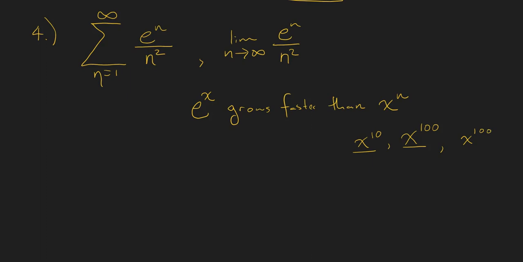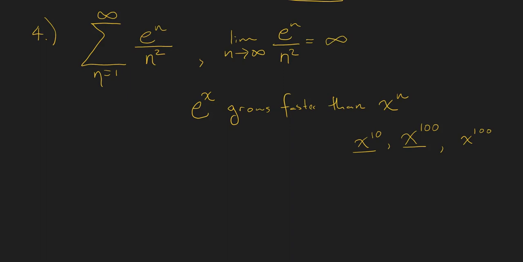So when we take the limit here, now we're going to replace our x's with n's, and in this case our exponent is 2 in the denominator. Well, we have e to the n over n to some power, and we know that e to the n will grow faster than n squared, so that means that this limit will equal infinity.